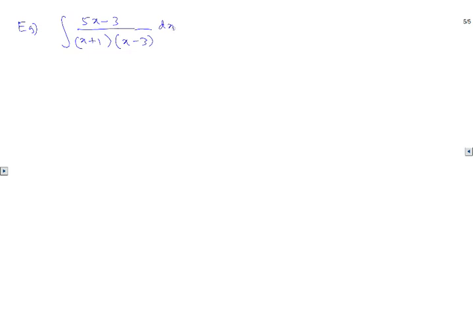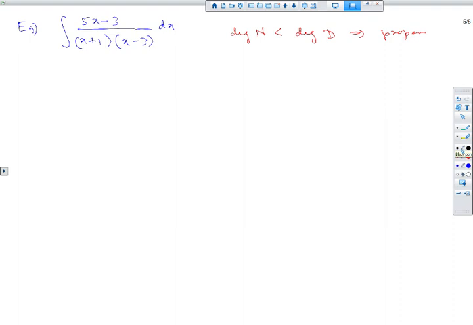What we can do, we're going to see that this is a proper fraction because the degree of the numerator is smaller than the degree of the denominator. That means everything works fine here. So we're going to use the technique.